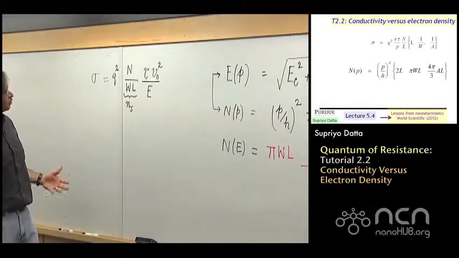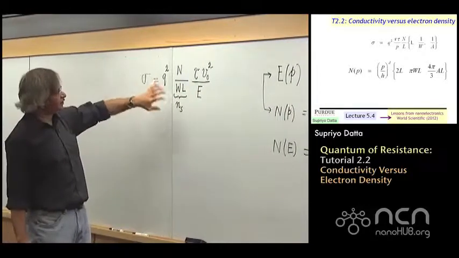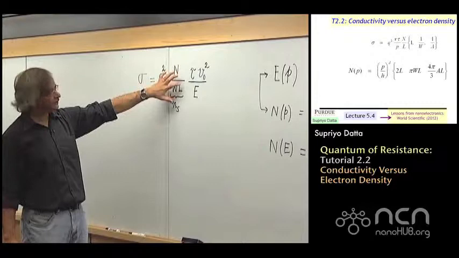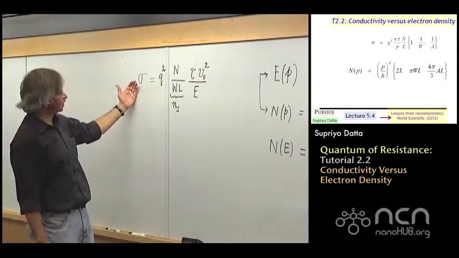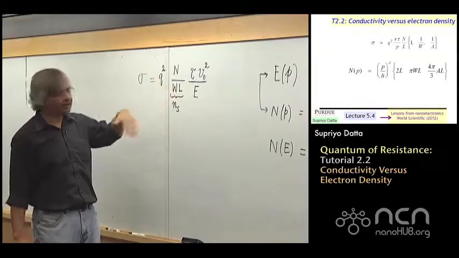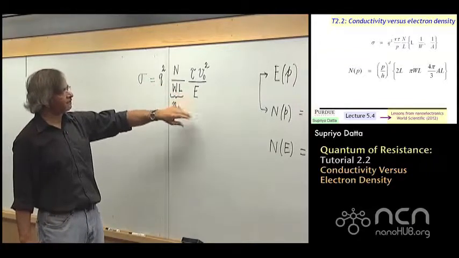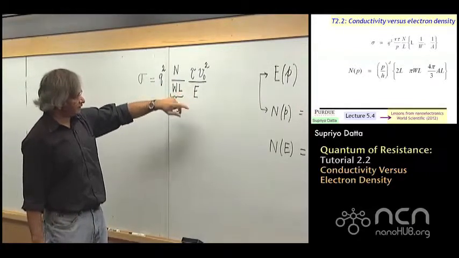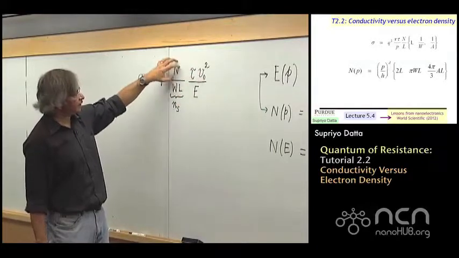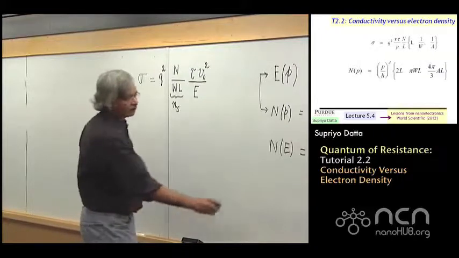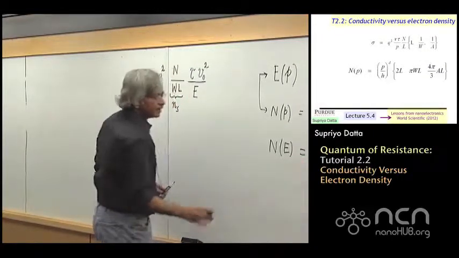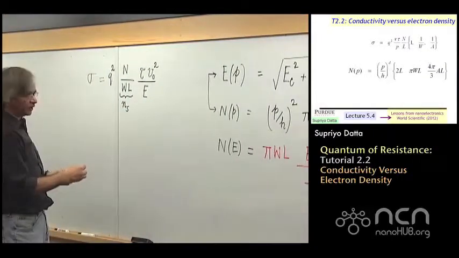Now what you'd like to do is get an expression for conductivity in terms of the electron density. Usually you tend to think of this as a constant and you say conductivity is proportional to electron density. But that's not true in this case, because as you'll see, this itself can be related to the N. The way I can do that is, we can start from here and turn this around.